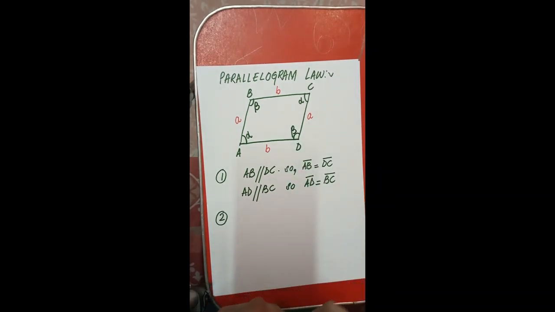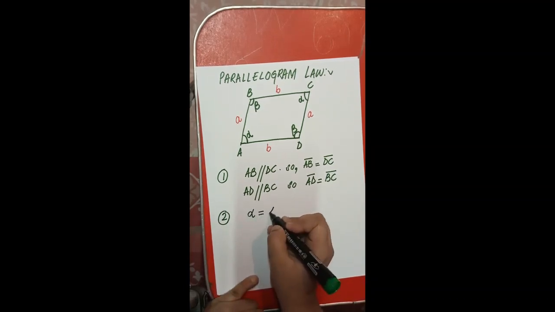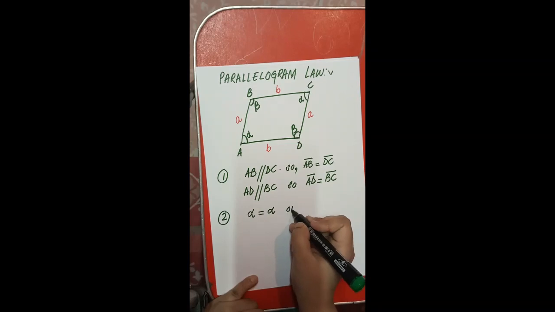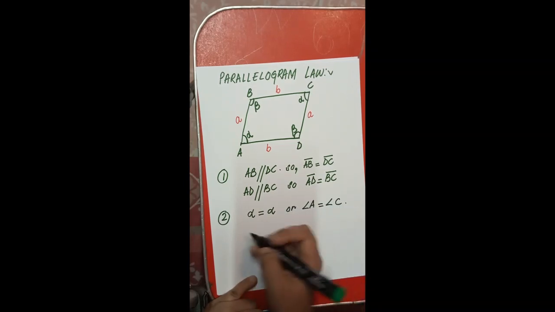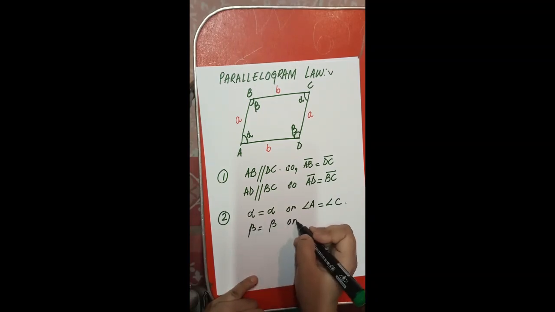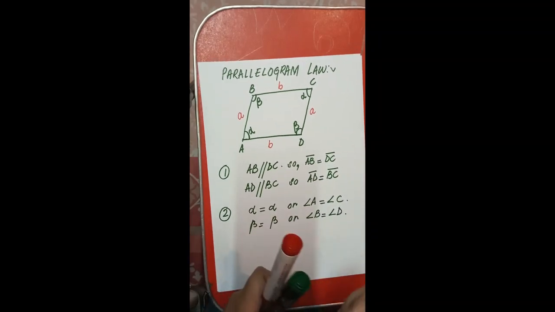So what does it mean by that? Opposite angles should be the same. So alpha is equals to alpha means angle A is equals to angle C, and beta is equals to beta, or we can say angle B is equals to angle D. So this is the first case.